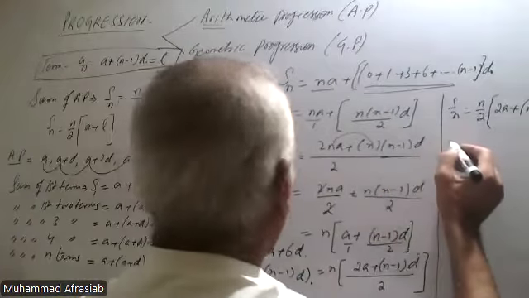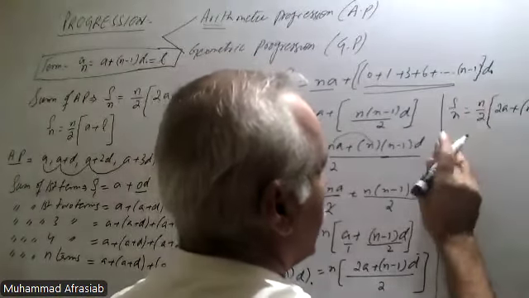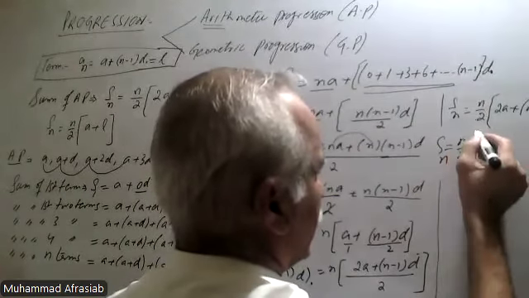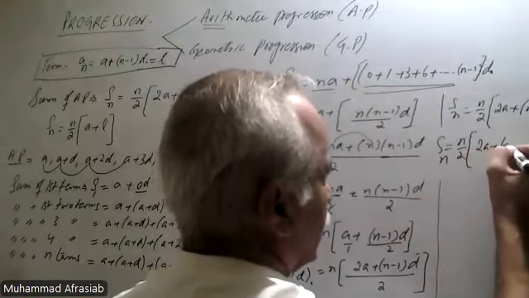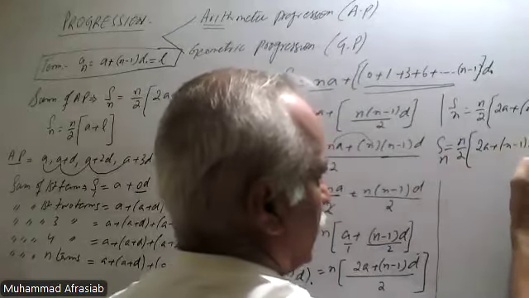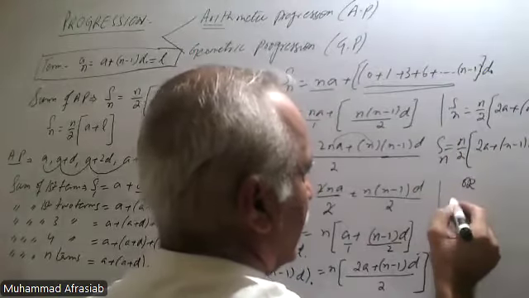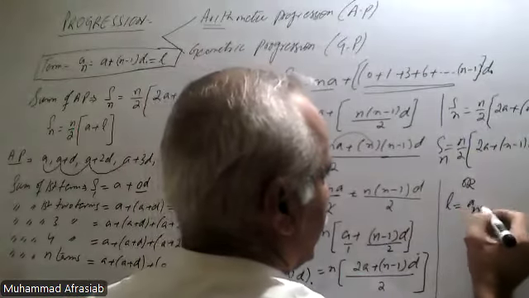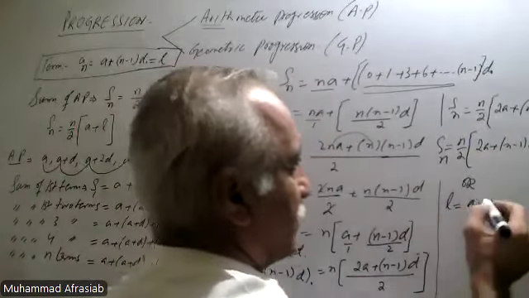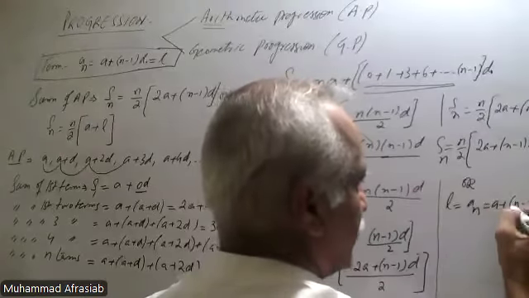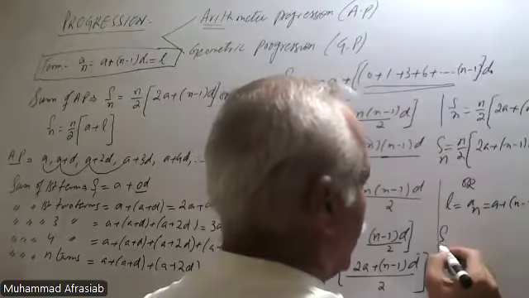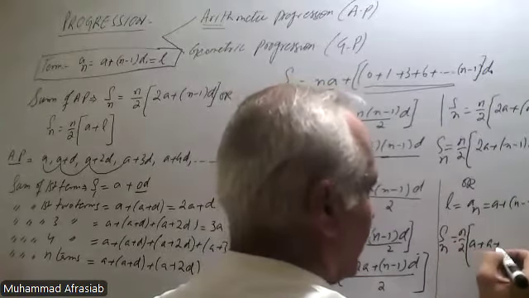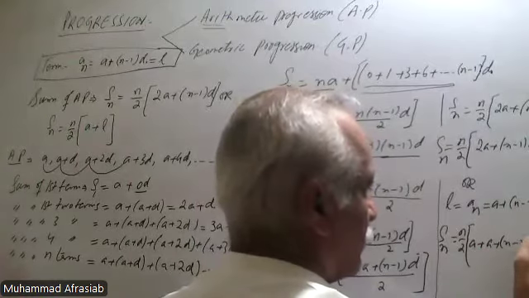The last term is an, and that is a plus (n minus 1) into d. So we can write this formula again as n over 2 into (a plus (n minus 1) into d).